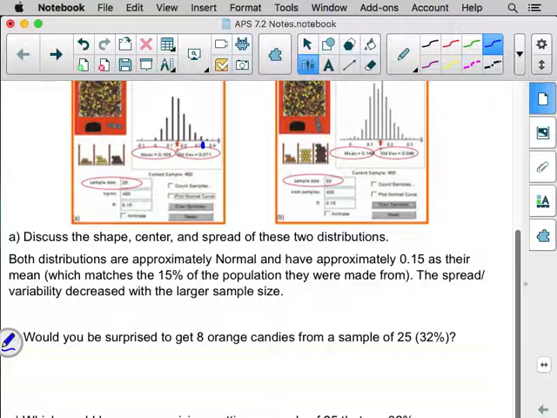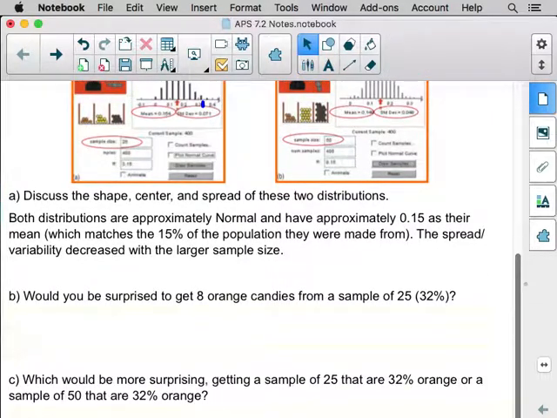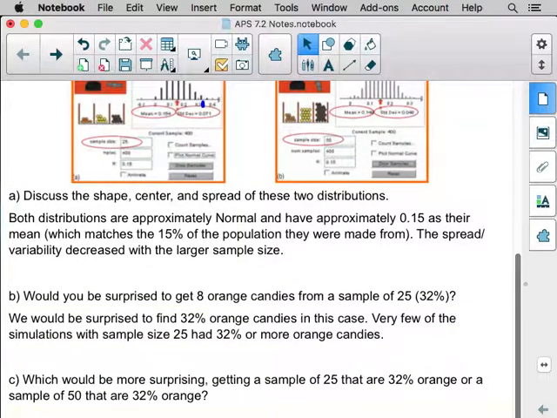Would it be weird in that sample size to get 32% orange candies? Yeah, we would find that really surprising because, again, you're noticing that observation is in the tail of the sampling distribution. So it would be very surprising. We'd be shocked to get that many orange candies from that sample.